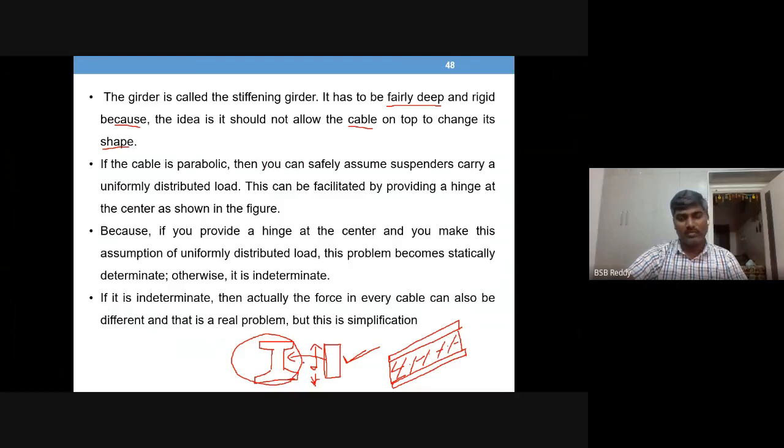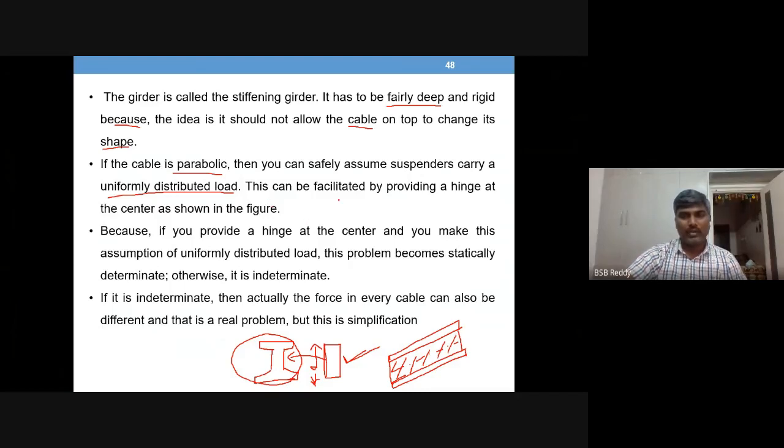This is another requirement, that the girder has to be very rigid. If the cable is parabolic, then you can assume the suspenders carry a uniformly distributed load, a UDL.